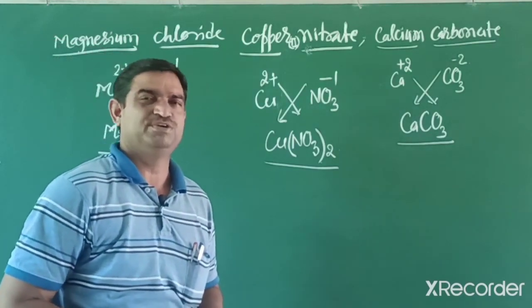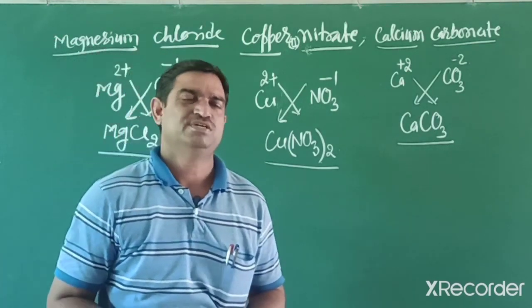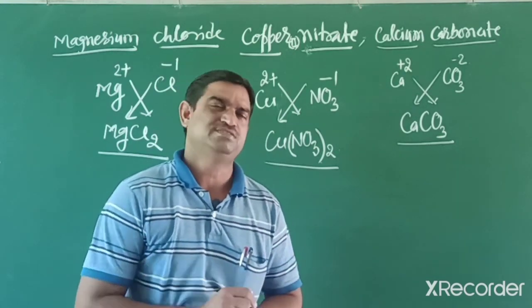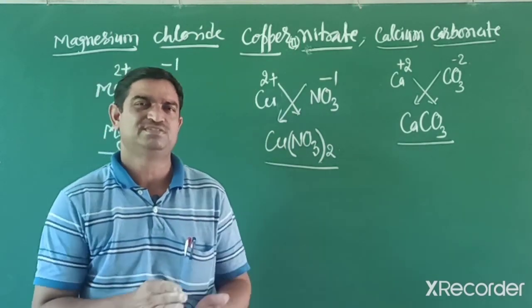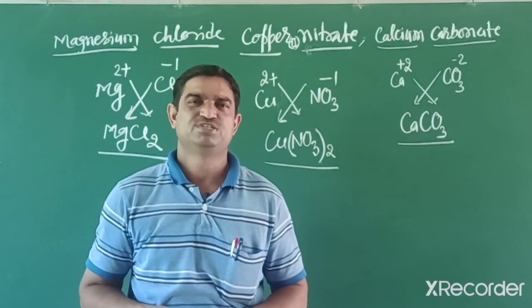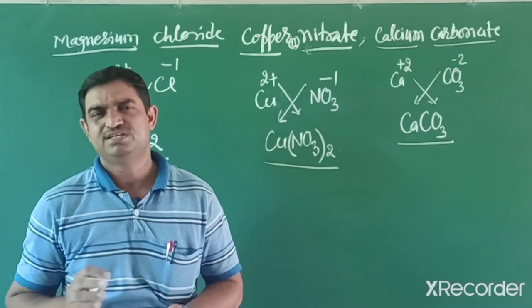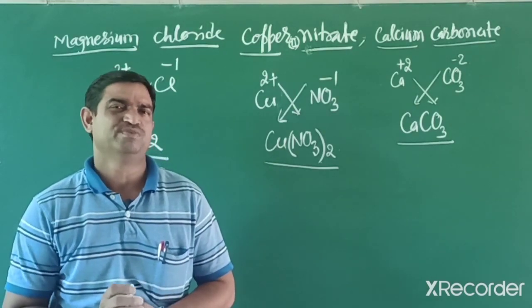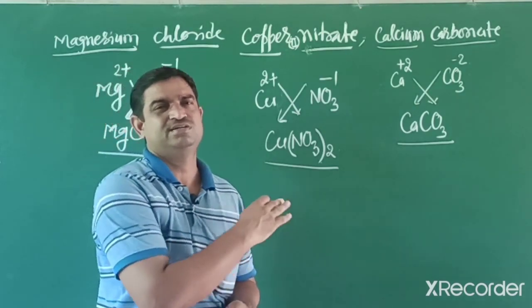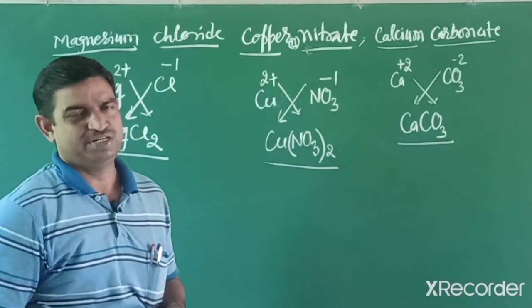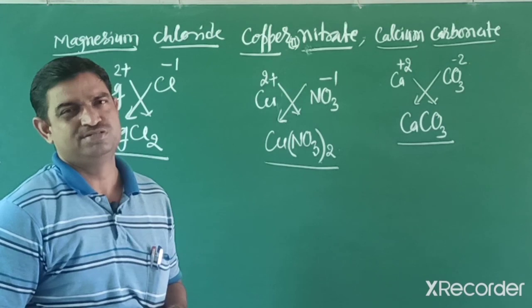So for writing a chemical formula, what you have to remember is either charge or valency. And how can we find charge or valency? We will study in the next chapter, atomic structure. After writing the electronic configuration, you can easily find their charge or valency for a normal chemical formula. Simple. So students, read thoroughly.